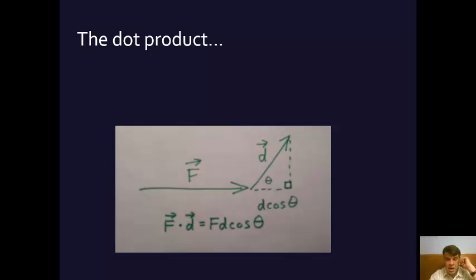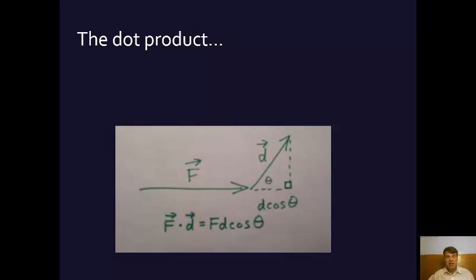And so the dot product basically either looks at the force times the component of the displacement going in the same direction as the force, or if you wanted, you could take the displacement and treat it as the base, and then look at the component of the force that is going in the same direction as the displacement.